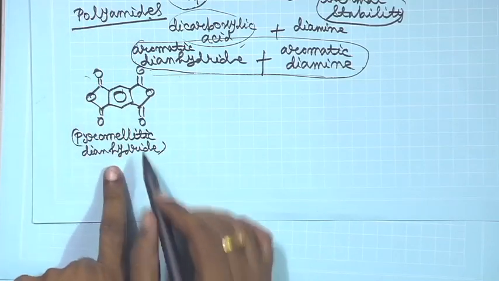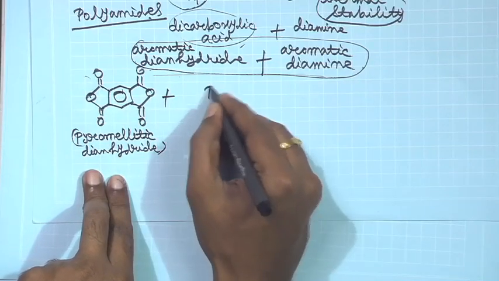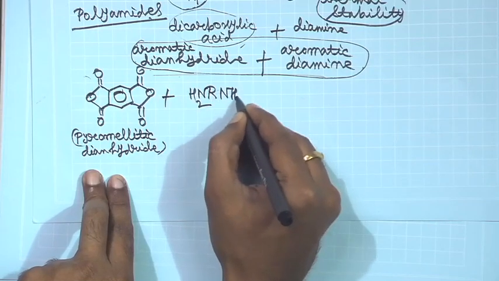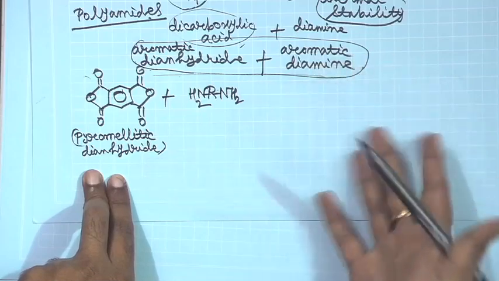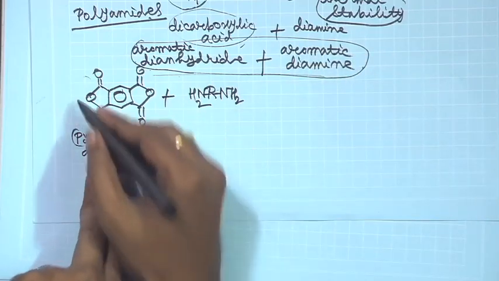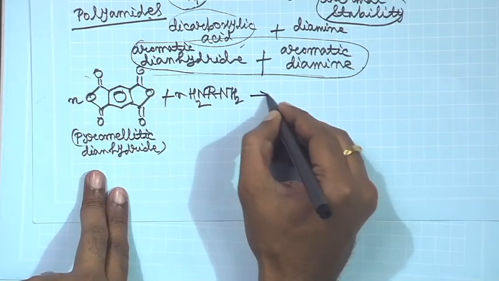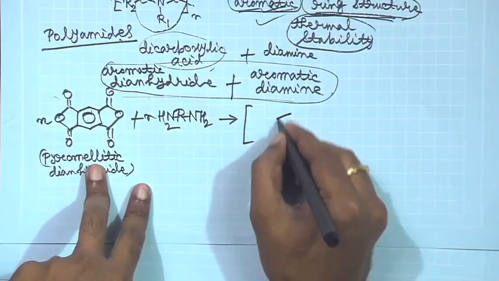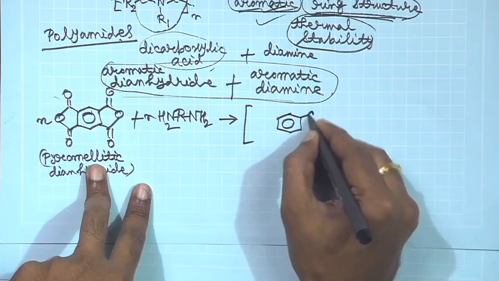So, you react this aromatic dianhydride with some aromatic diamine, I am just putting an R, because the general structure is very important. You have to be able to draw the general structure. Once you know the structure, you can start to understand the structure property relationship. So, you are reacting with a diamine, then what you get is the following compound.